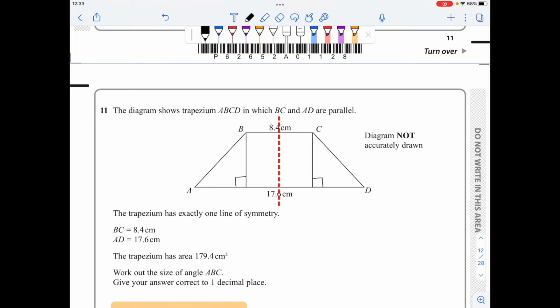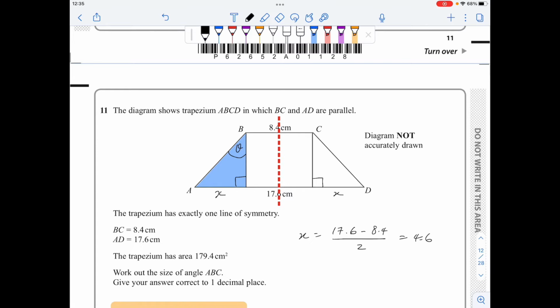The base of each of these triangles is x, and to find x, I'll just do 17.6 minus 8.4 over 2, which comes out to be 4.6. So let's consider the left triangle, this one, and let's try and find angle theta here.